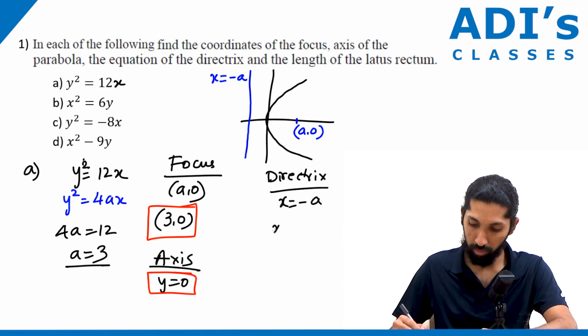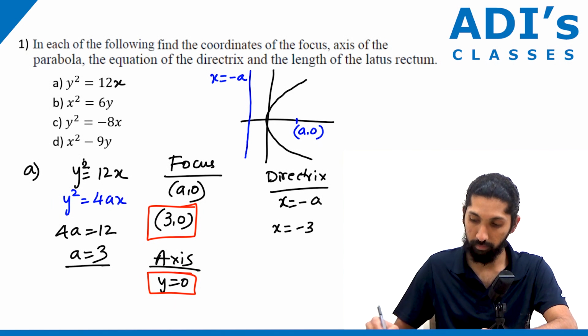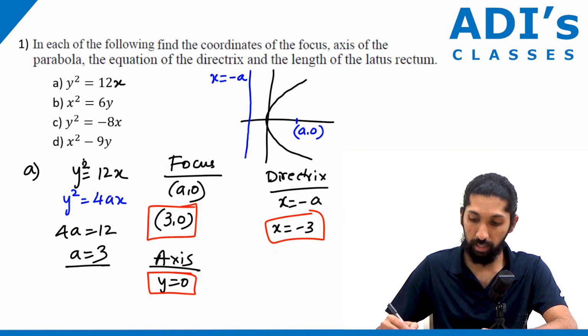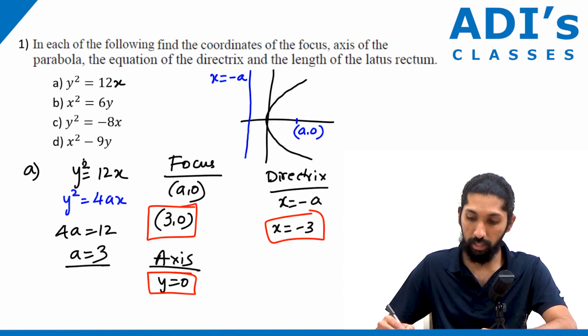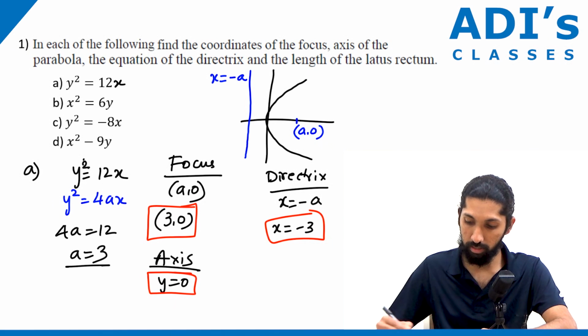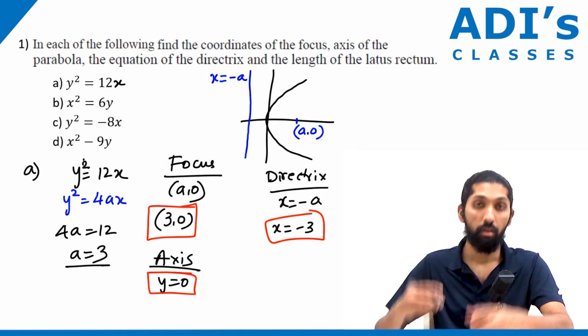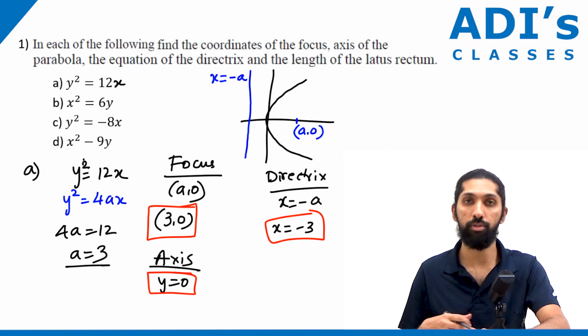In our first problem, the value of a is 3. So the directrix is x is equal to minus 3. This is the equation of the directrix. The last one is the latus rectum. What is the LR value? 2a. So, 2 into 3, which is 6. So, 6 is the latus rectum. This is how you solve these questions.